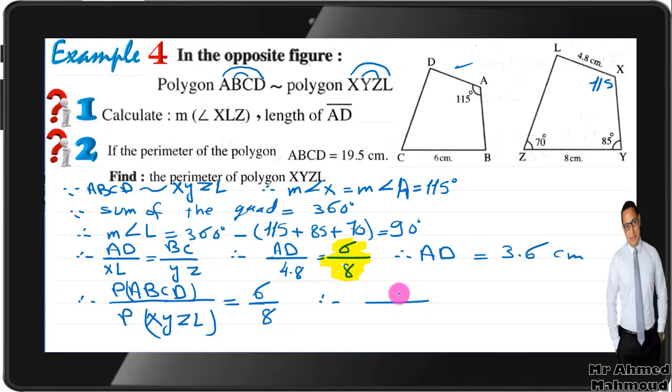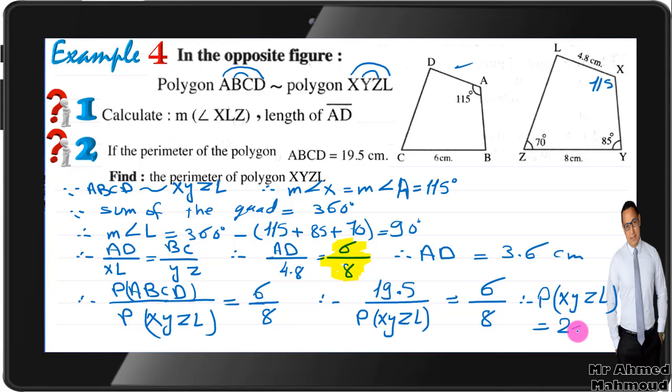Therefore, ABCD equals 19.5 and perimeter of XYZL here is unknown. Therefore, perimeter of XYZL equals 19.5 times 8 over 6 equals 26 centimeters.